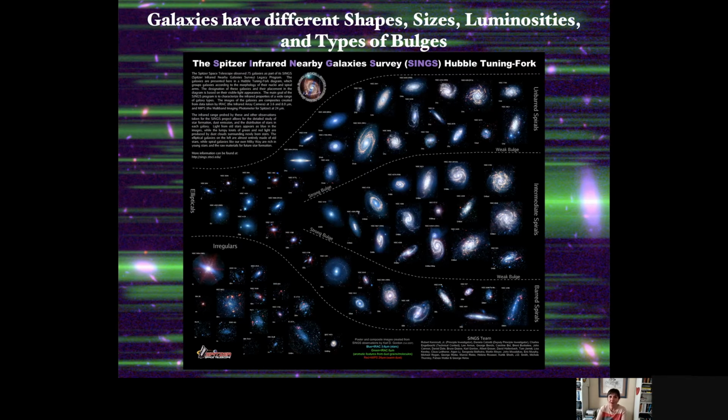Here you have a composite of observations in the infrared with the Spitzer telescope of nearby galaxies, a survey legacy program that has shown many details in galaxies and morphologies that are quite different.